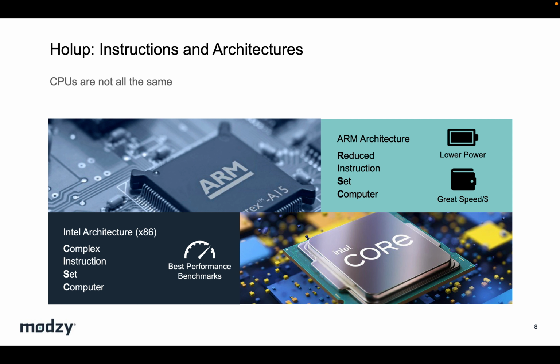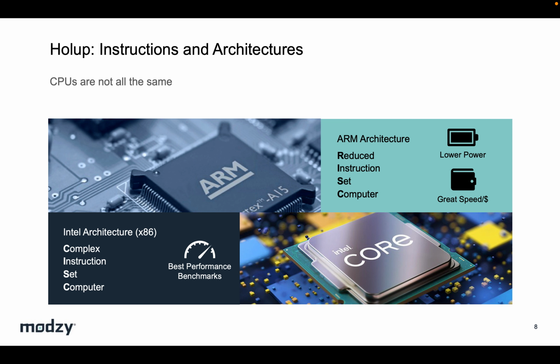So enter ARM. ARM is a different architecture. It's a standard, but it's not made by one single company. And it's used by a lot of companies that are designing their own chips. They have adopted this ARM architecture. And what's really nice about ARM is it tends to be lower power consumption, and it has awesome performance in terms of speed per dollar. So if you're trying to go for high speed linear computing, an x86 chip's probably going to do a great job for you.